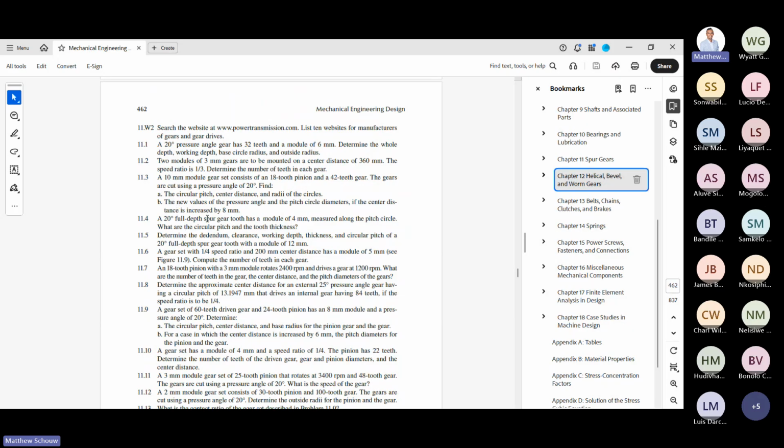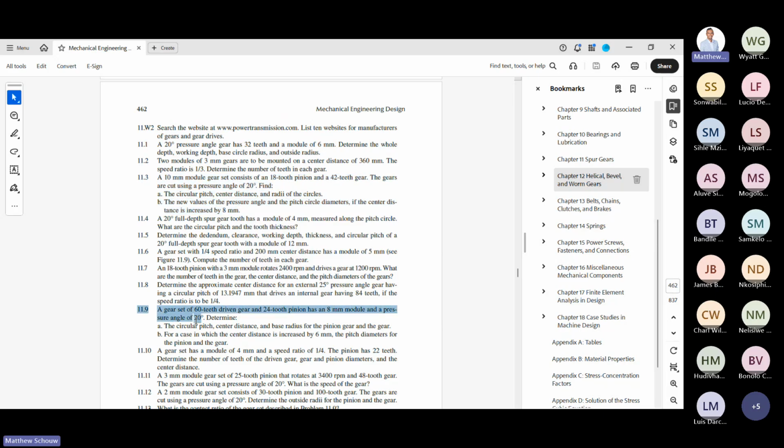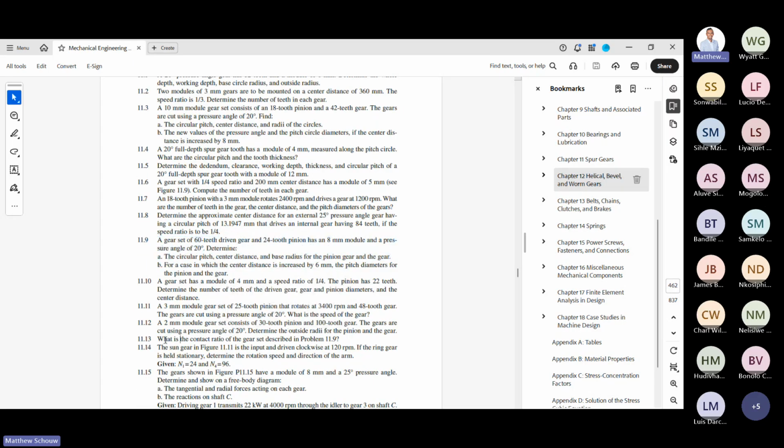So 11.3 is decent. Anything where you're seeing contact ratio, that's what you want to focus on. But 11.3 is good. I recommend doing that one. 11.9 is also good, and there's a contact ratio as well at 11.9.